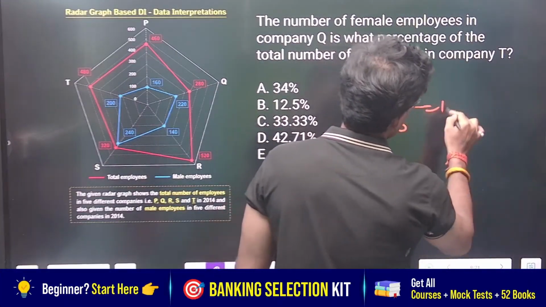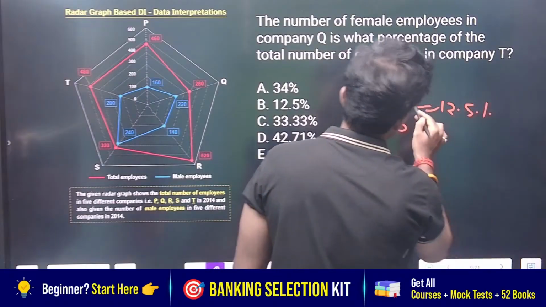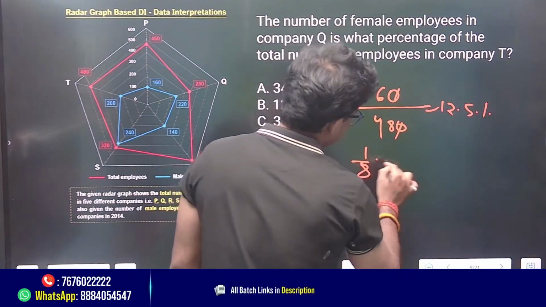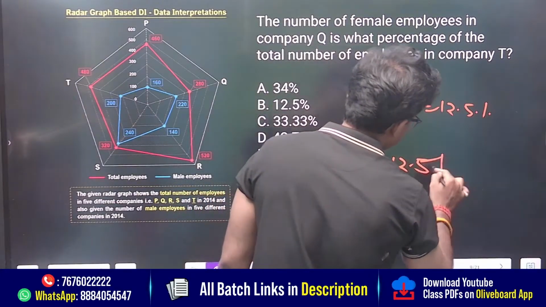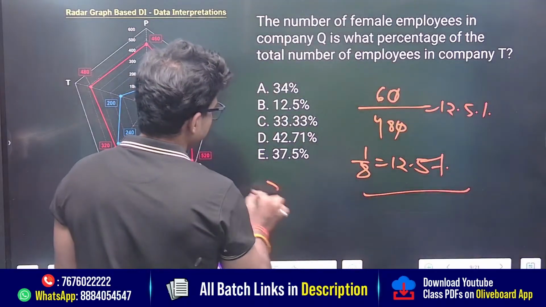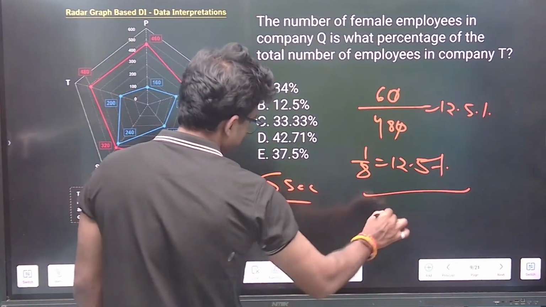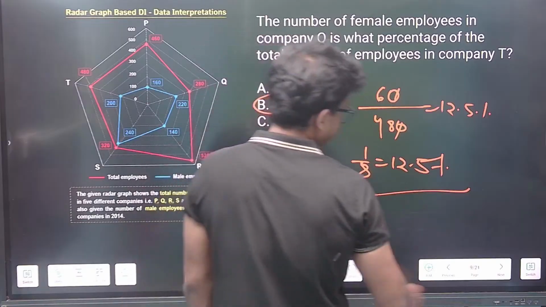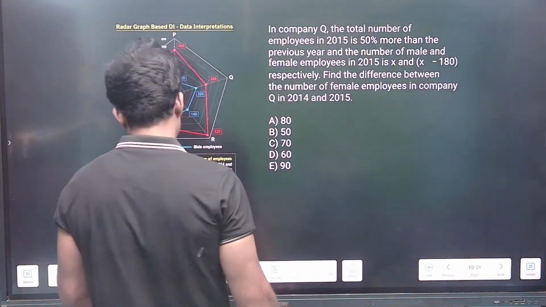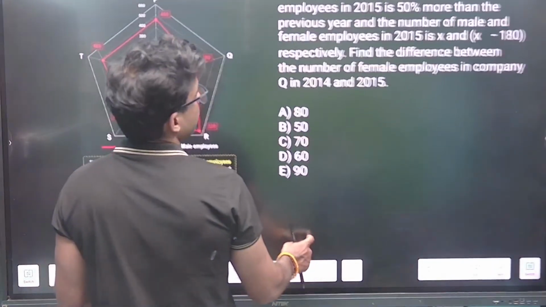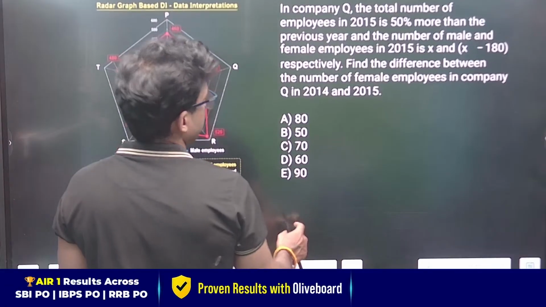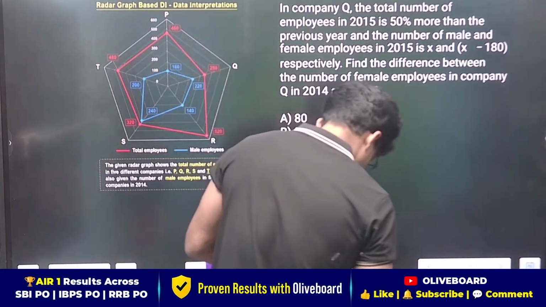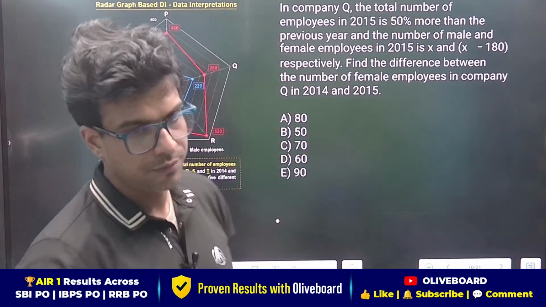So the answer would be 12.5%. How come? Because this is 1 by 8, and 1 by 8 is nothing but 12.5%. It's a 5-second question. Option number B. Please solve.